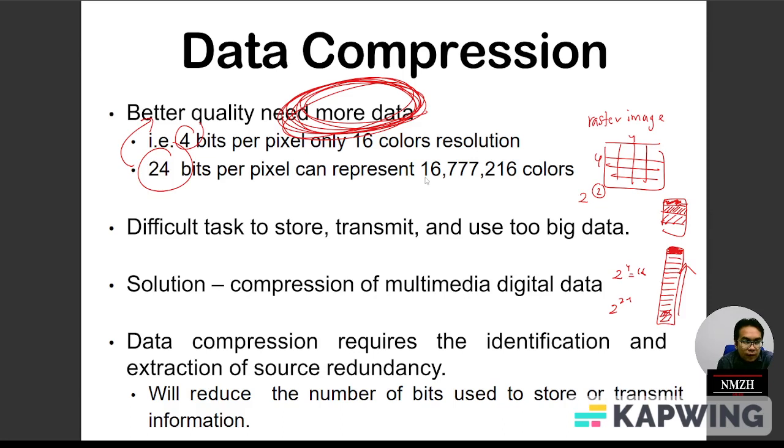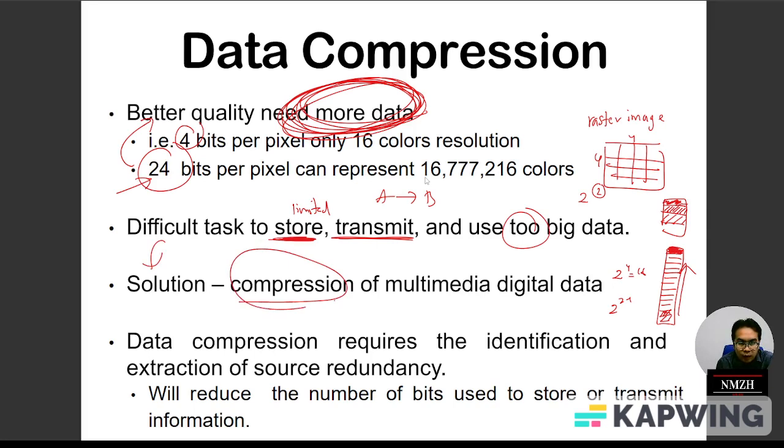In order to face the high demand of bits, it is obviously difficult to store. With limited storage and transmission from A to B, using too big data is not good for communication, and for this solution, basically, compression comes in.